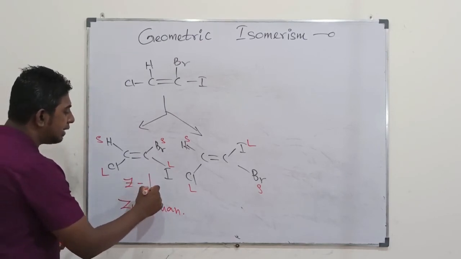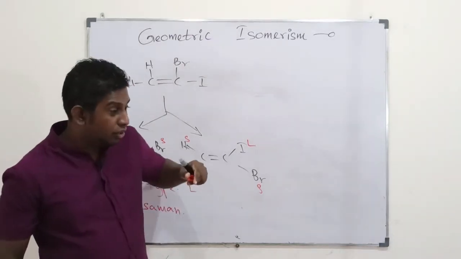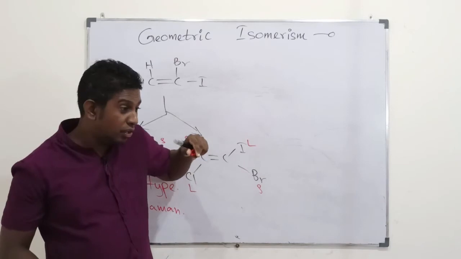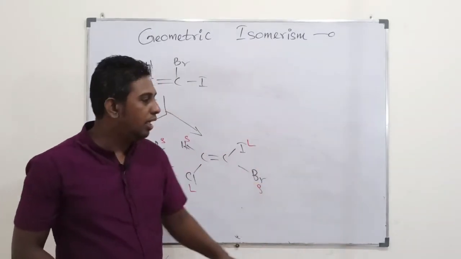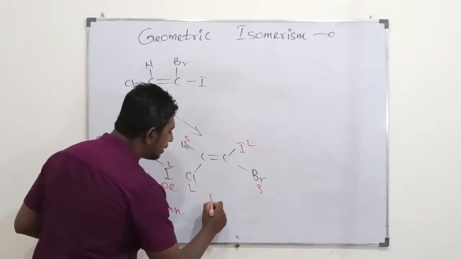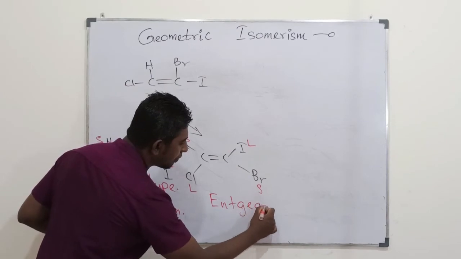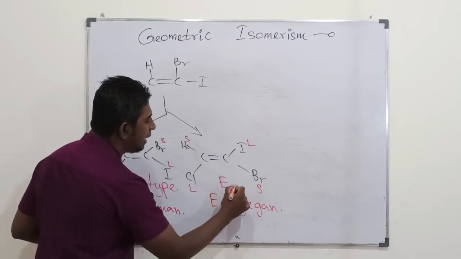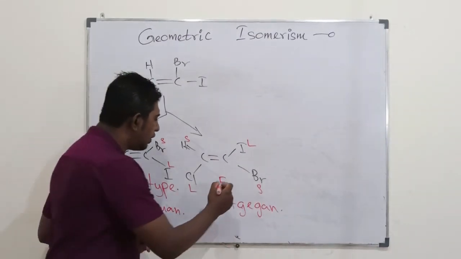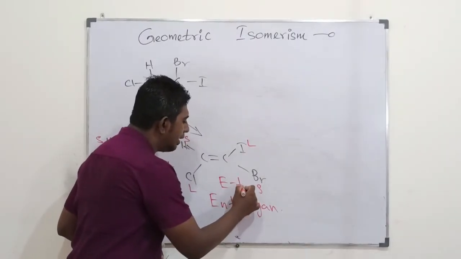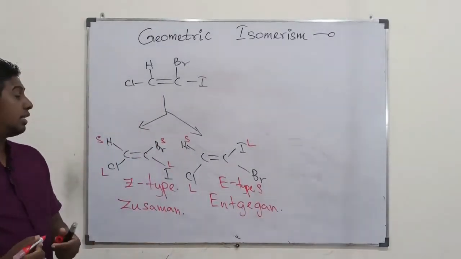Then in German, when it says through the bond axis, it's through, we call it entgegen. We are not supposed to say zusammen or entgegen; we denote them by E type and Z type. This is the way we denote them.